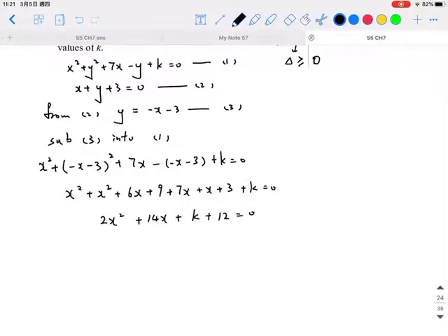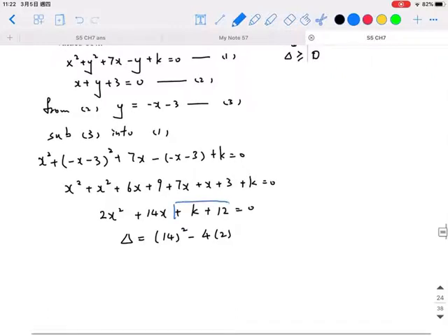For the discriminant, it becomes b squared, which is 14 squared, minus 4ac. So c is k plus 12.